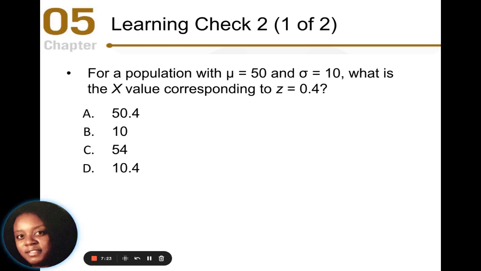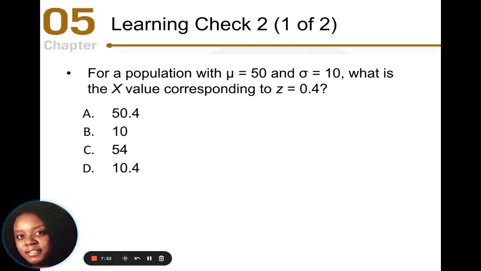For our next learning check, for a population with a mean of 50 and a standard deviation of 10, what is the X value that corresponds to z equals 0.4? Is it A, 50.4, B, 10, C, 54, or D, 10.4?